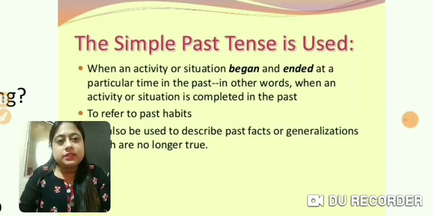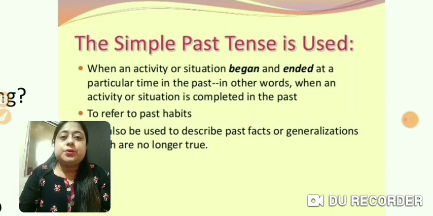When an activity or situation began and ended at a particular time in the past. In other words, when an activity or situation is completed in the past, something which has happened in the past time, in that case we use simple past tense.